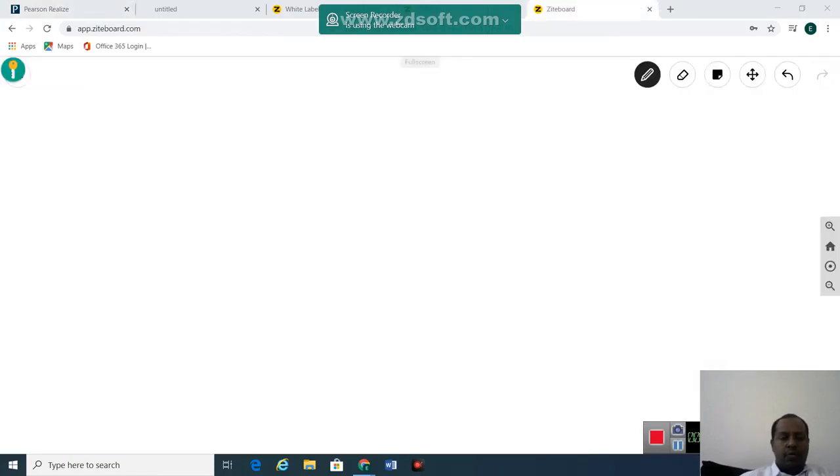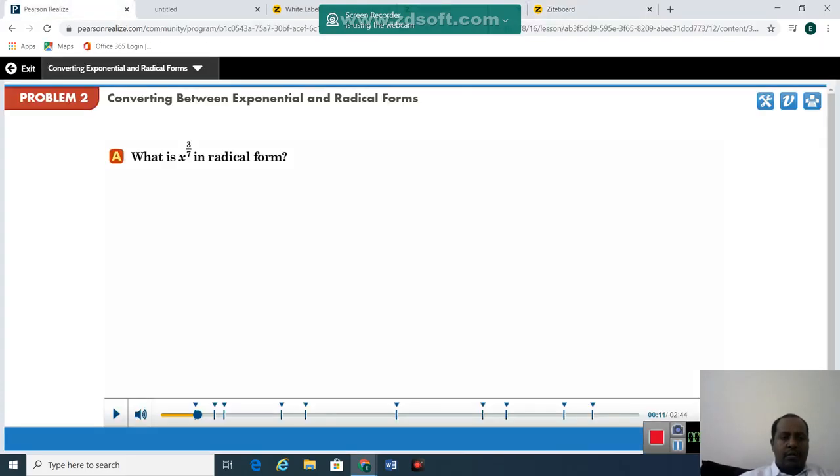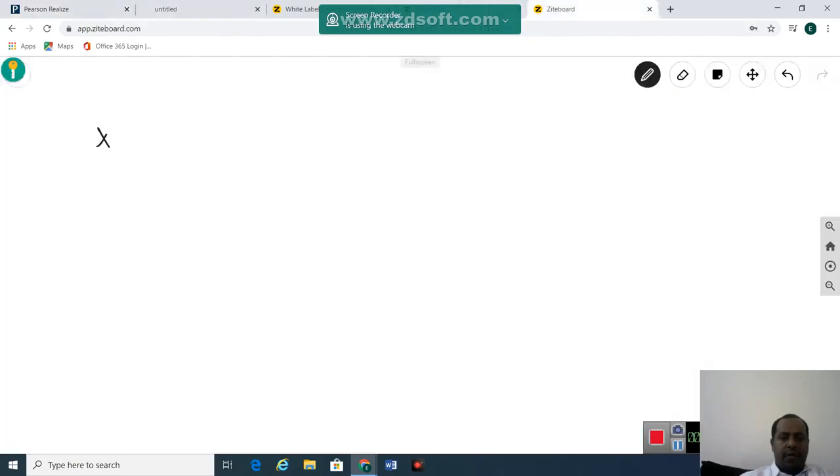In problem 2, you are asked to convert the rational exponent, x to the power of 3 over 7, to radical form. To do this one, I'm going to apply the key concept.